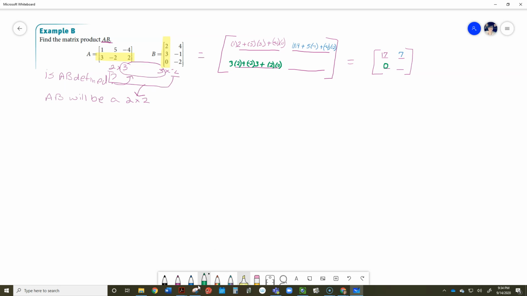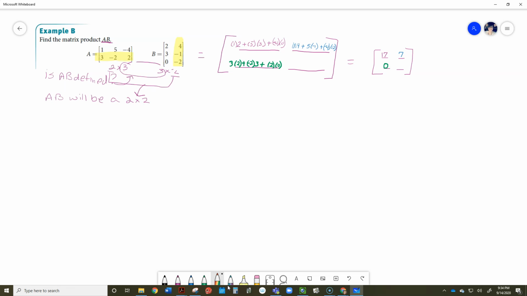And now the last number of the product matrix is going to be found. It's in the second row, second column. So I'm going to multiply the second row times the second column, and I'm going to use the rainbow pen.